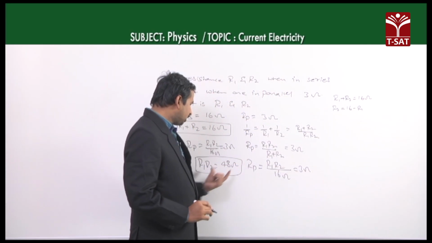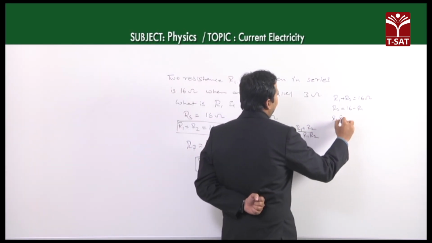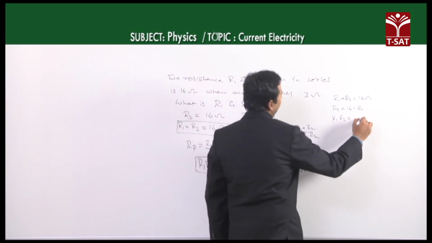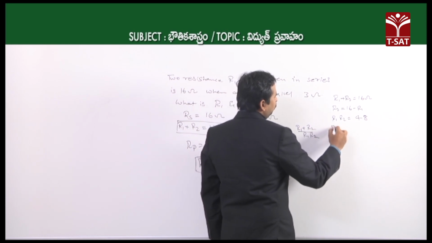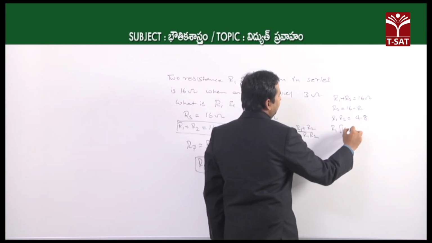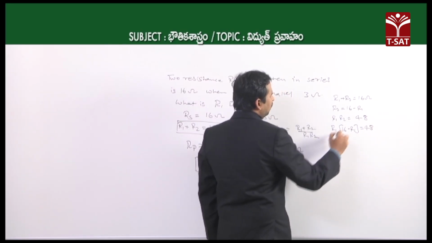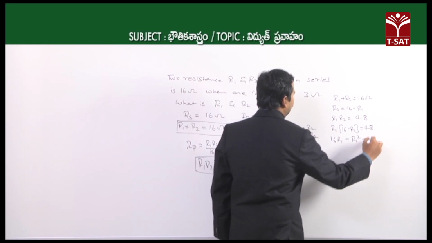And we also know that their product is 48, so R1 into R2 is equal to 48. From this, R1 into 16 minus R1 is equal to 48, so 16 R1 minus R1 square is equal to 48.